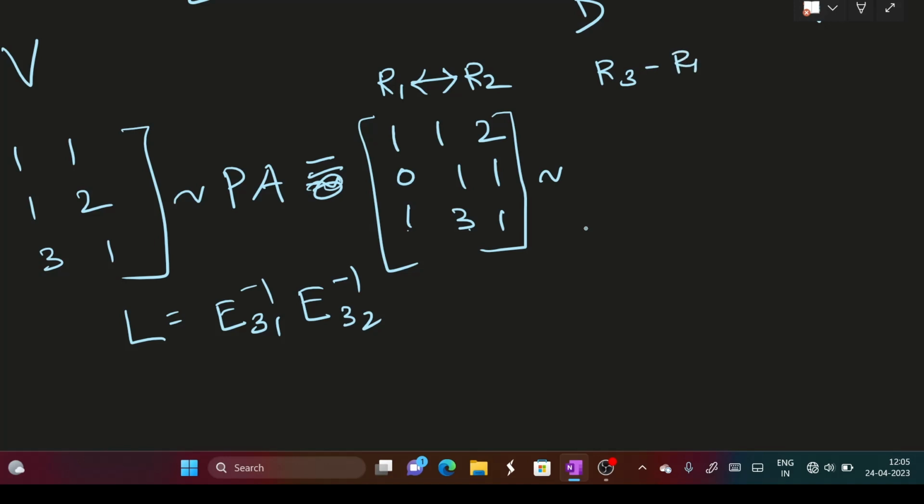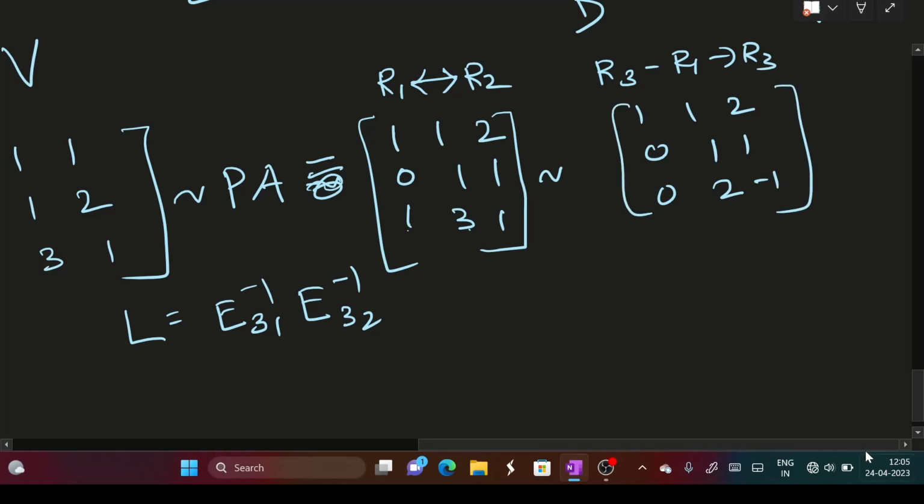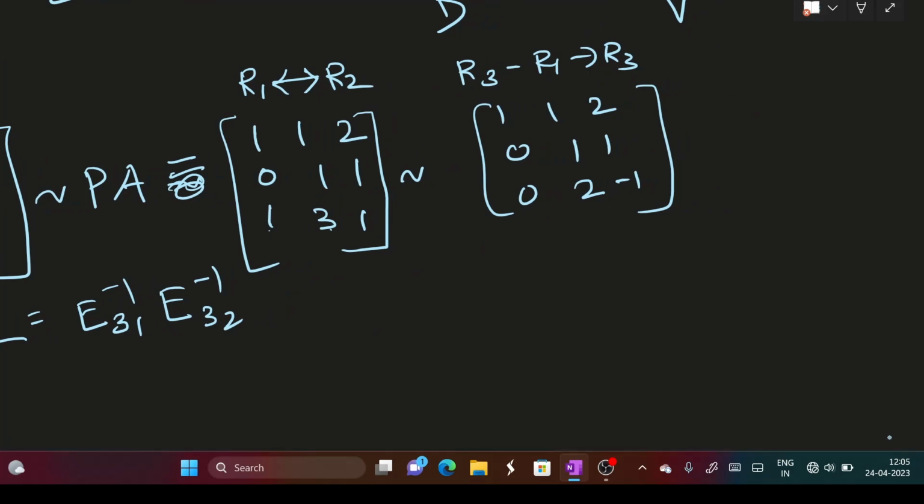R3 minus R1 stored in R3: 1, 1, 2, 0, 1, 1, 0, 2, minus 1. Now R3 minus 2 R2 stored in R3: 1, 1, 2, 0, 1, 1, 0, 0, minus 3.